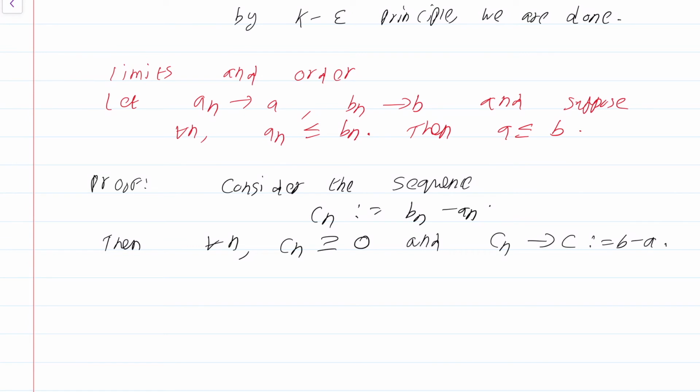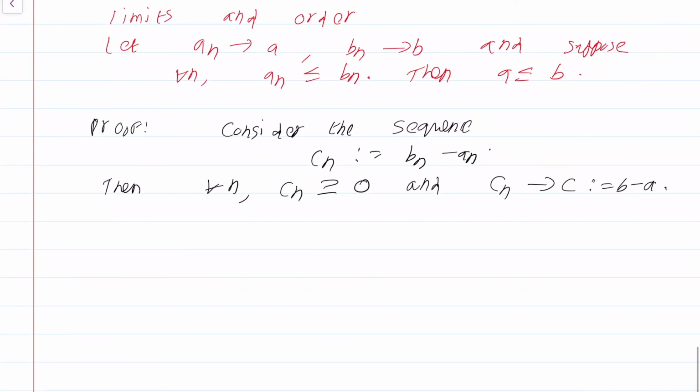Because the sequence minus An has to converge to minus A, and the sequence Bn plus minus An has to converge to B minus A. Now, suppose C is less than 0. We will arrive at a contradiction.